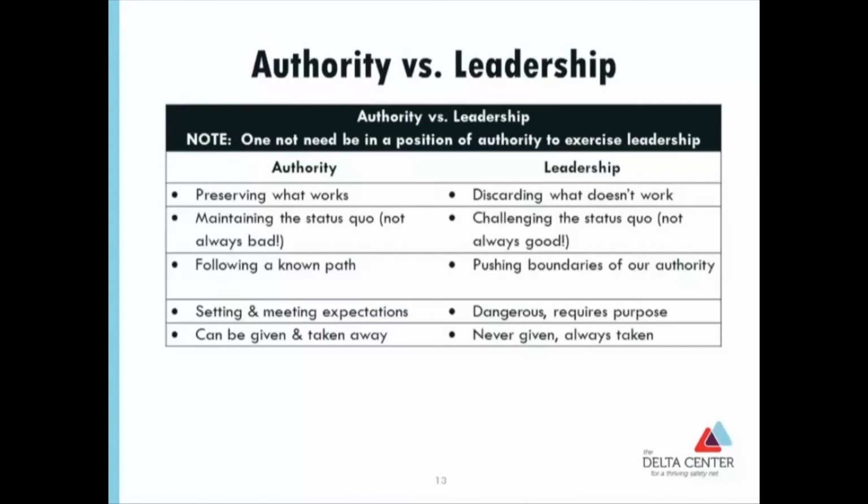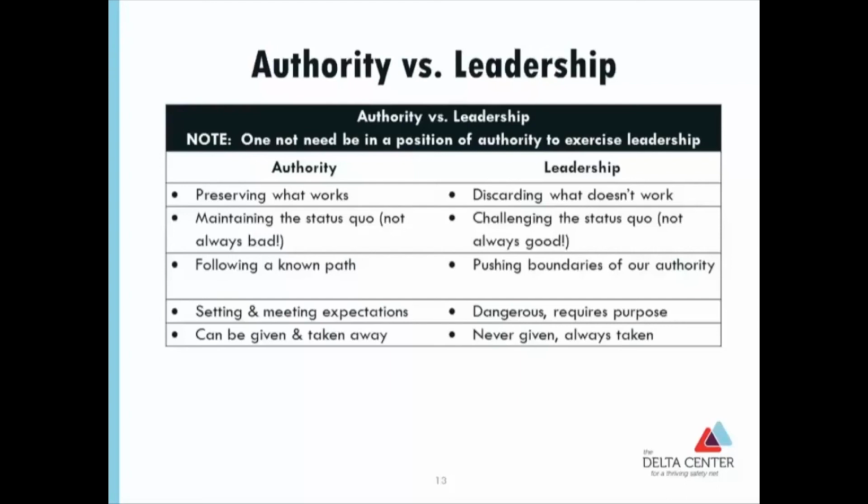But if something is no longer working for an organization, and you feel that it needs to be changed for the benefit of that organization and the people that it is supposed to serve, and there isn't a recognition that this is a problem, then in that sense, it is a kind of challenge of the status quo, of the prevailing norms of the organization.